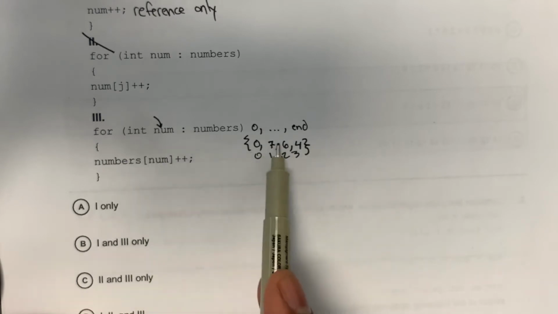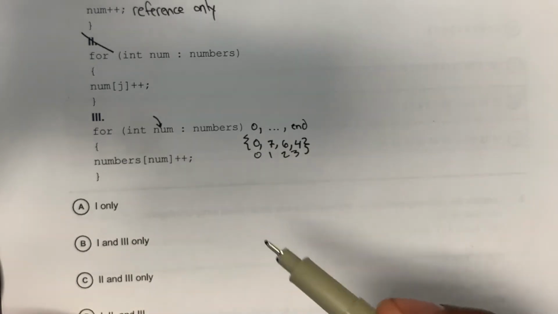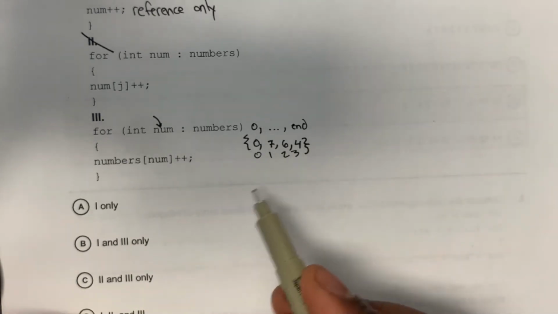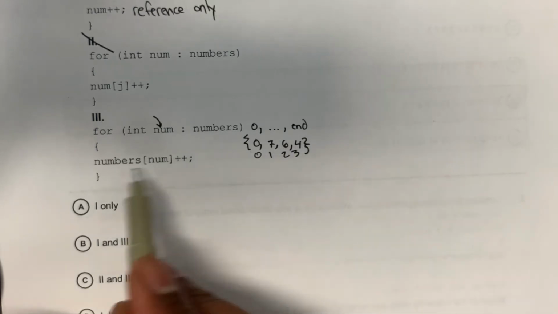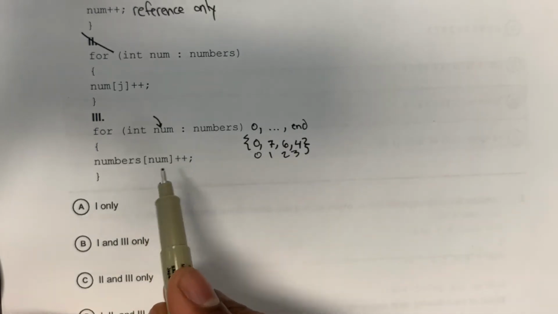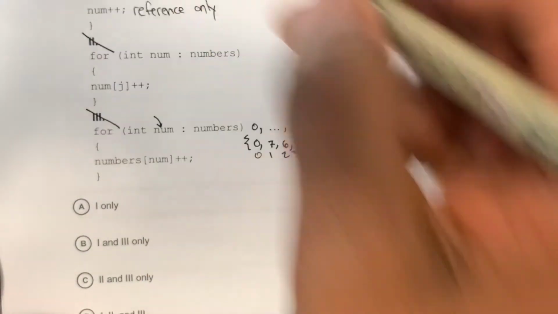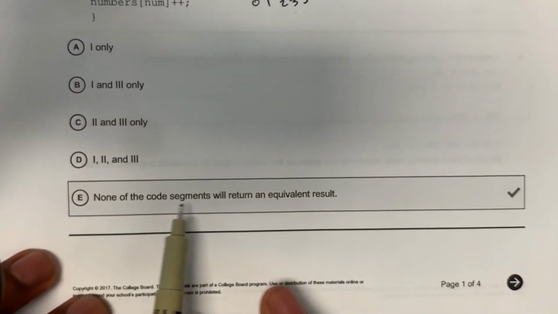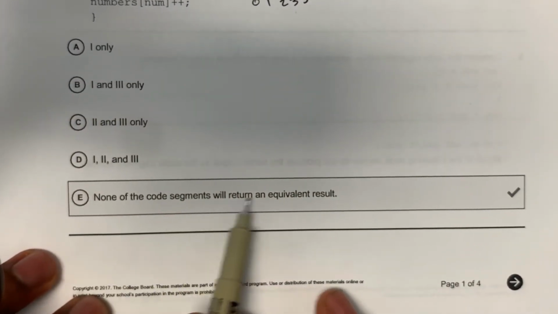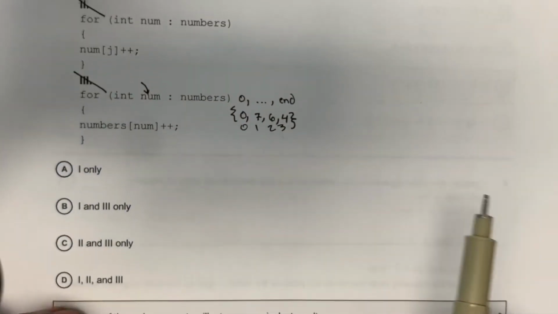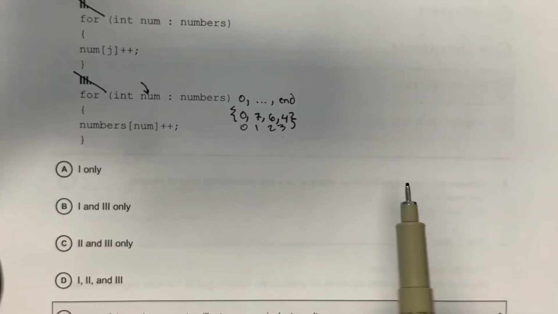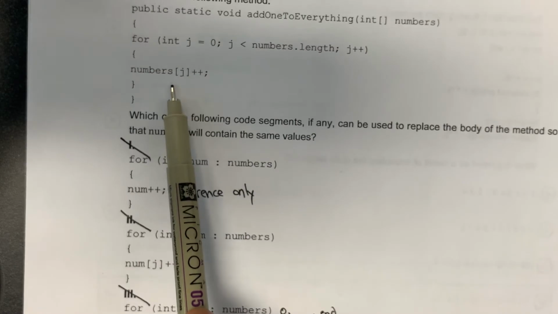And these, when you substitute them in, don't necessarily go back to anything in the array. 7, 6, and 4 all are values that would result in out of bounds exceptions for this array. So 3 also doesn't work. And 1 doesn't either. So the answer is E. None of these segments will return an equivalent result because arrays are statically typed. You cannot change an array unless you directly access the value to change it.